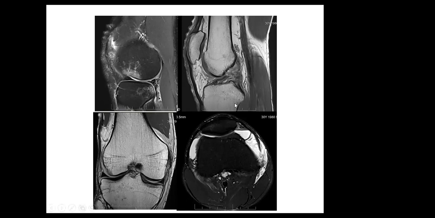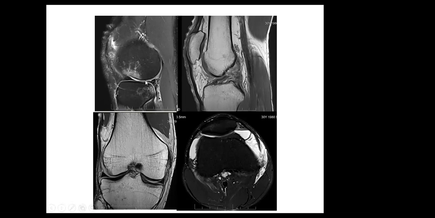But at the beginning, you just say multiplanar multi-sequence MRI scan of the knee. And then you take a little bit of time to see what's going on and describe the findings. So what do you think?